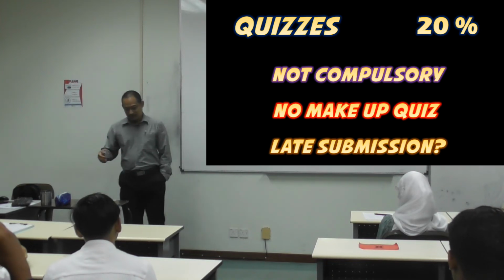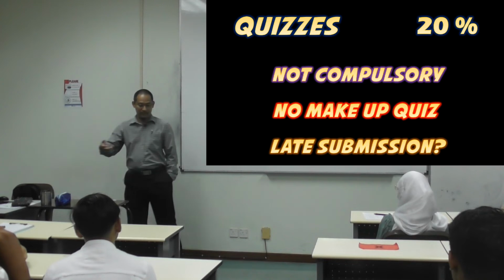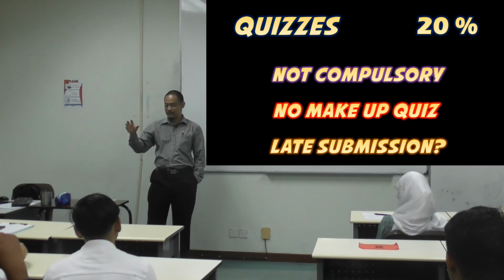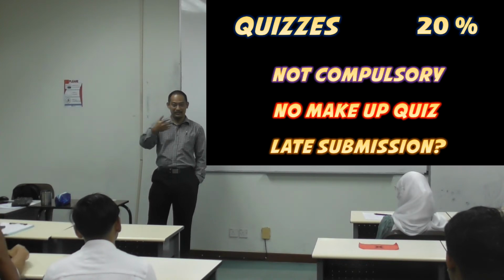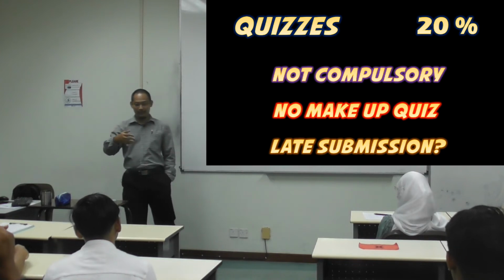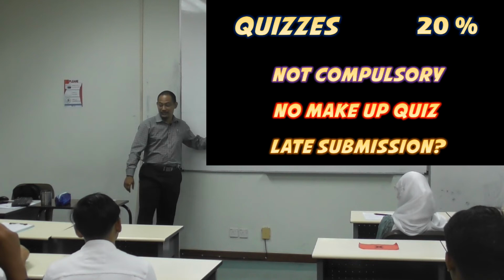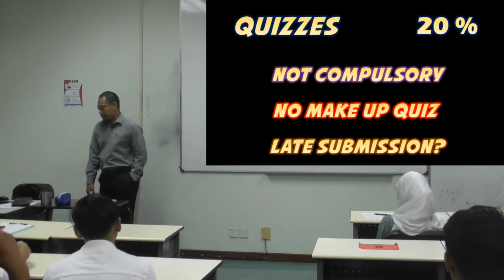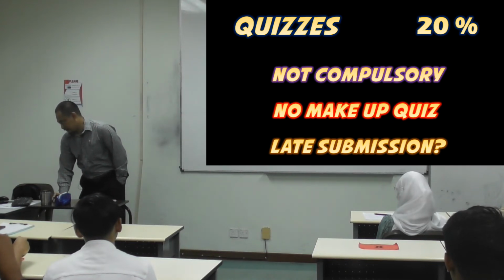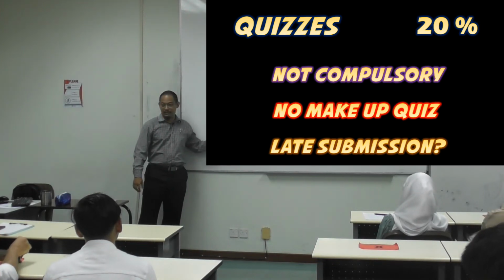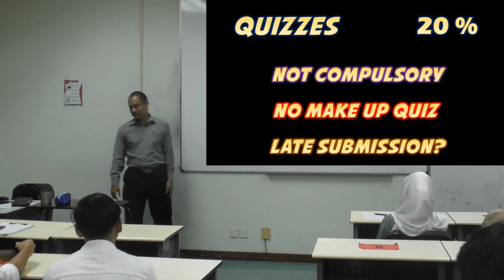For example, if I have collected and you submitted 30 seconds after, in 30 seconds you can write one line which is 3 marks, for example, then that's the deduction, regardless of whether you get those marks or not. So sometimes it's worse to submit late because you get deducted a lot. Anyway, that's normally how I do it. But the best case scenario is no such case, just don't submit late.